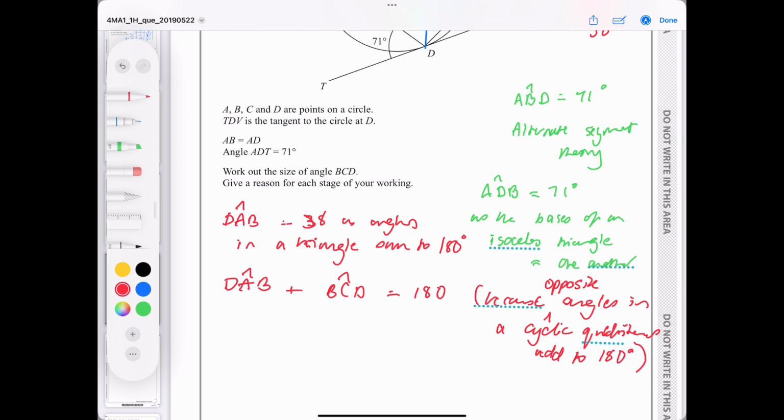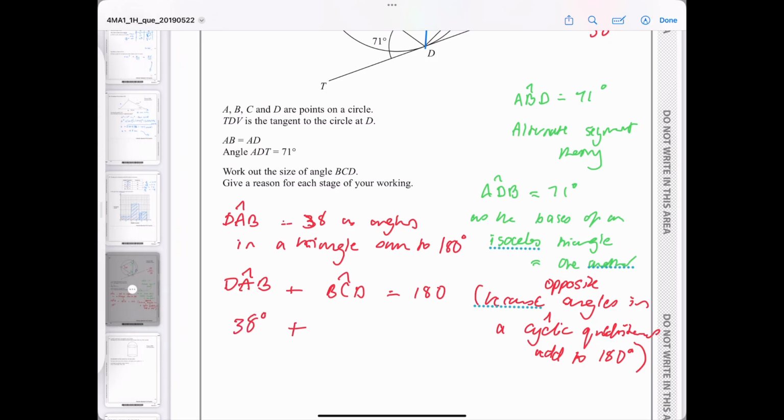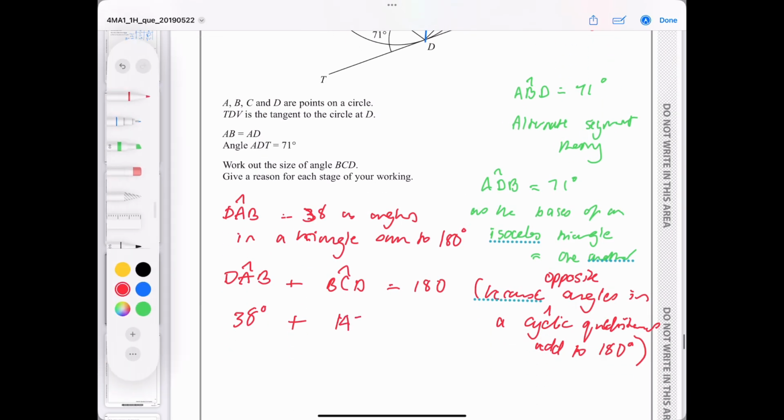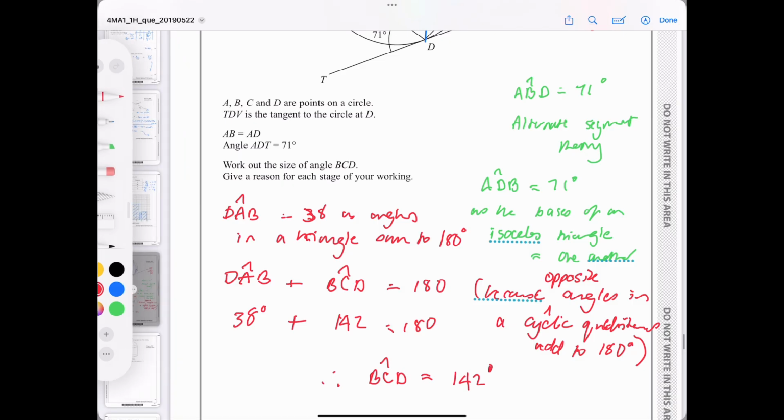So we've got 38 plus BCD equals 180, therefore BCD equals 142 degrees. And that is our answer.